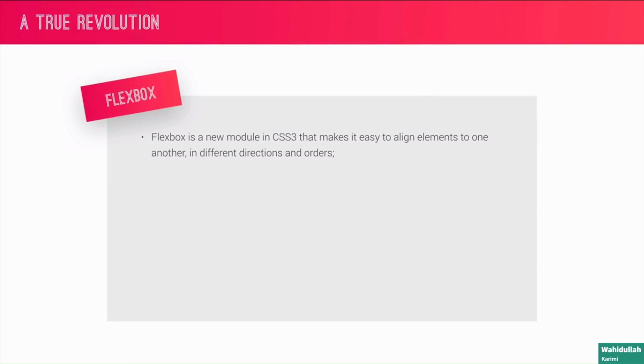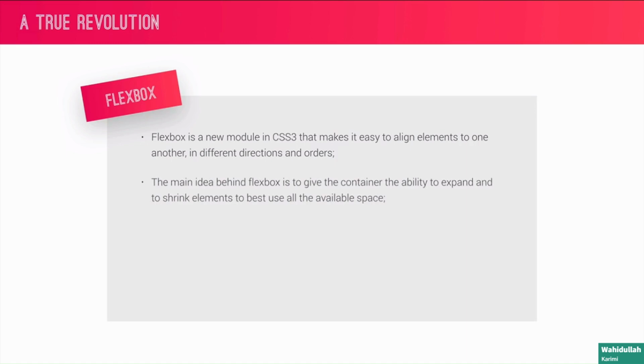Well, Flexbox is a new module in CSS3 that makes it very easy to align elements to one another in different directions and orders, and also to change these alignments if necessary, like for example for responsive design. And this works perfectly even if you have no idea about the dimensions of these elements, because the main idea behind Flexbox is to actually give the container the ability to expand and to shrink elements to best use all the available space.